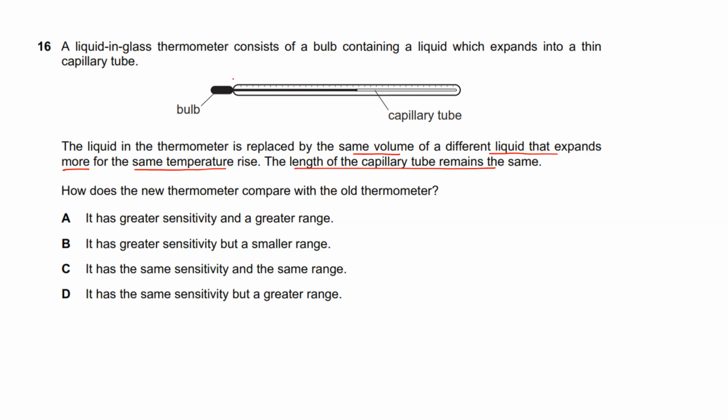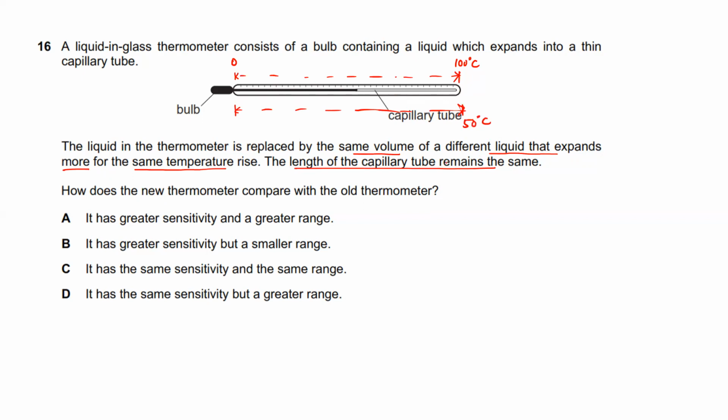So remember what will happen. So for example, this thermometer will allow us to measure, say, from 0 to 100 degrees centigrade. Then if you're using the new liquid, what will happen? So the liquid will expand more for the same degree rise in temperature. So eventually for the new liquid, you may end up for a case, say 50 degrees centigrade, because the liquid expands more.